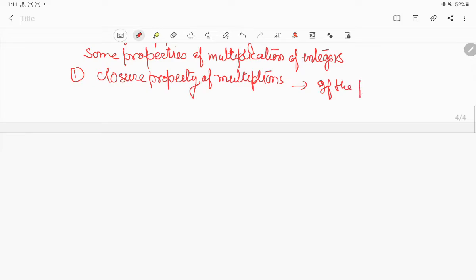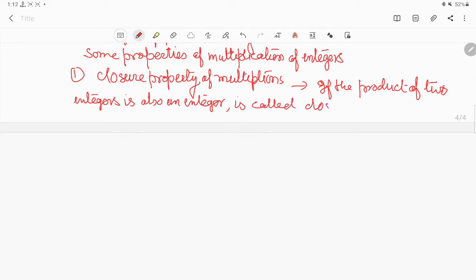If the product of two integers is also an integer, then this is called the closure property of multiplication for integers.